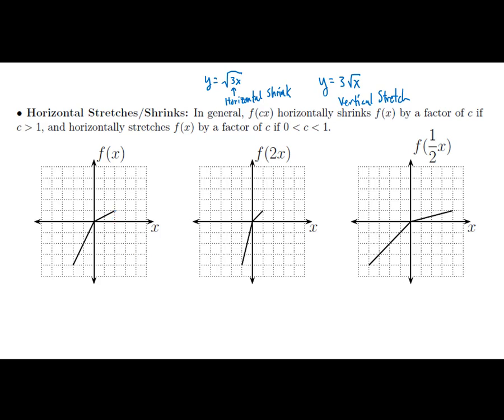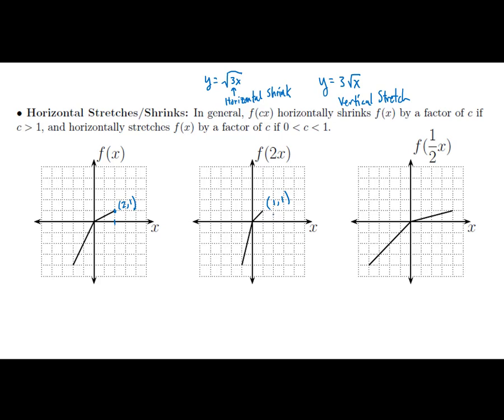So again, when x is equal to 2 over here, y is equal to 1. But to multiply the x by 2 says things are going to happen twice as fast. So instead of having to wait till x equals 2 in order for y to equal 1, y will equal 1 when x equals 1, right?